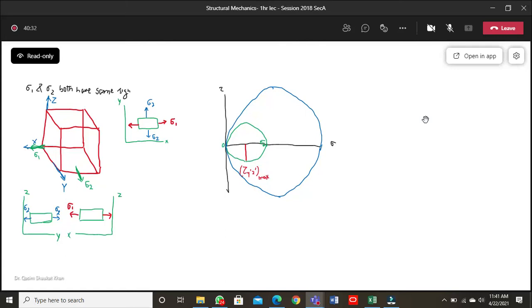So this is 0 and this point will be your sigma 1, and the shear stress will be this one. This is tau x dash z dash maximum.